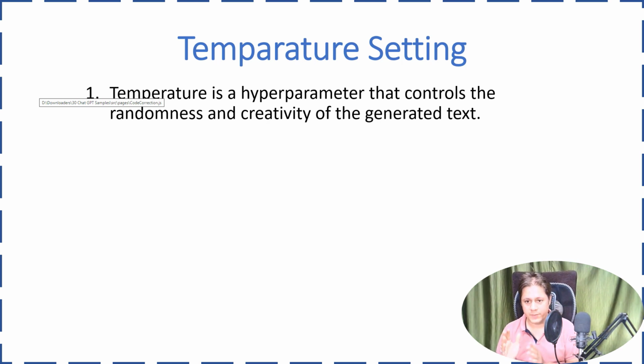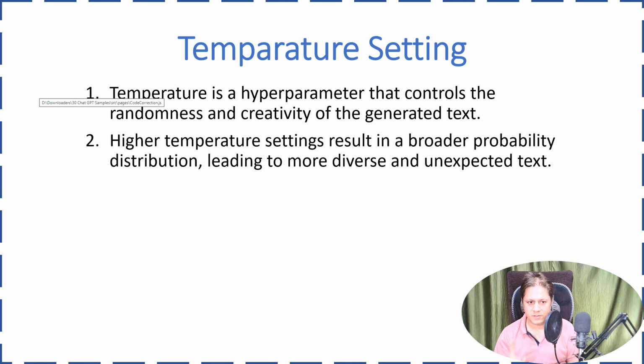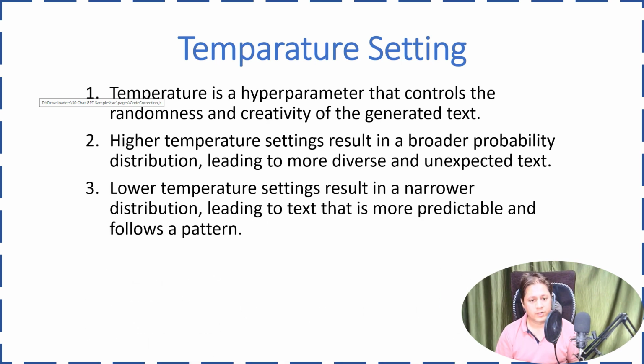If it is 1, it will not be very stable, and you cannot predict that it will give similar results. This is important to understand. It will give you more diverse and unexpected text if the temperature setting is high. A lower temperature setting results in a narrower distribution, leading to text that is more predictable and follows a pattern.